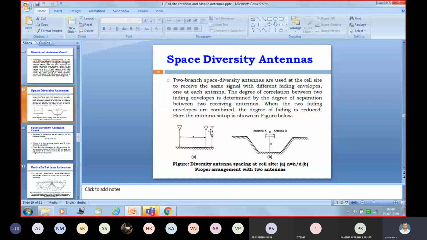The same signal is received by the 2 antennas, then compared, and the final result is given. When the 2 signals are equal, there are no errors. When they are not equal, an error has occurred. Suppose we have to transmit a signal from our mobile unit to the cell phone tower.